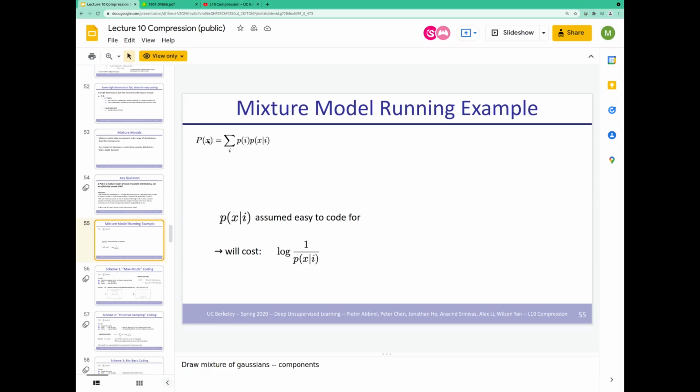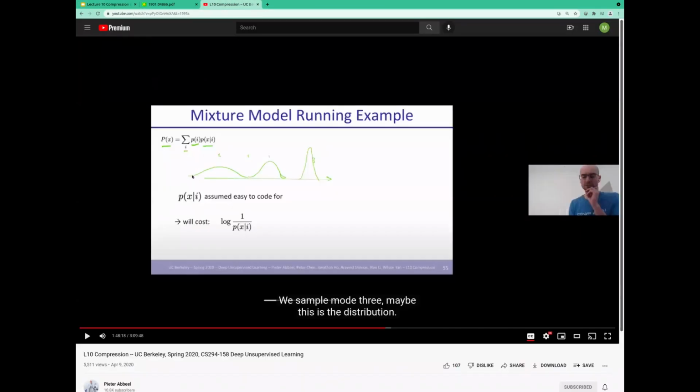And this will give you the total probability of x. So in this case, this is the probability of x dependent on i, which is for three different distributions.